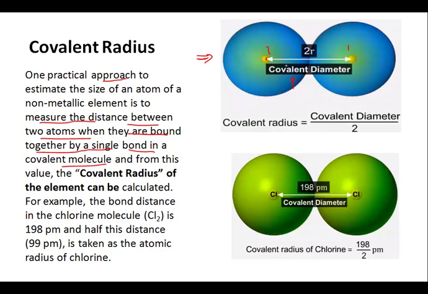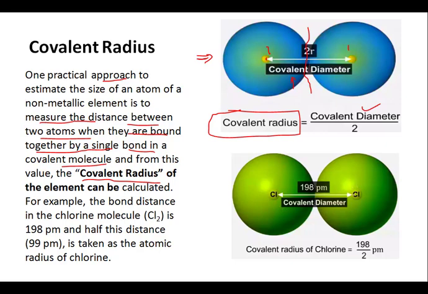Now once we get this covalent diameter, from it we can predict the covalent radius. And how can it be calculated? The covalent radius will be half of this covalent diameter. For example, a chlorine molecule is given, that means two atoms are combined and bonded by a covalent bond.